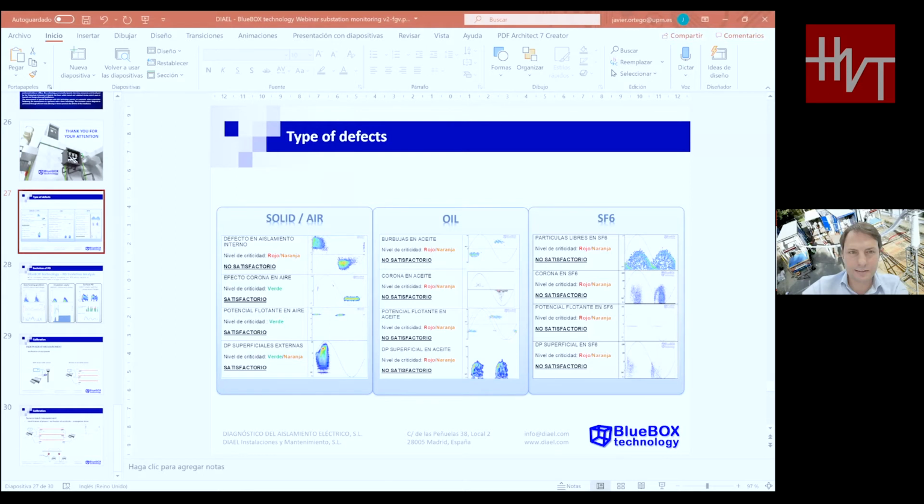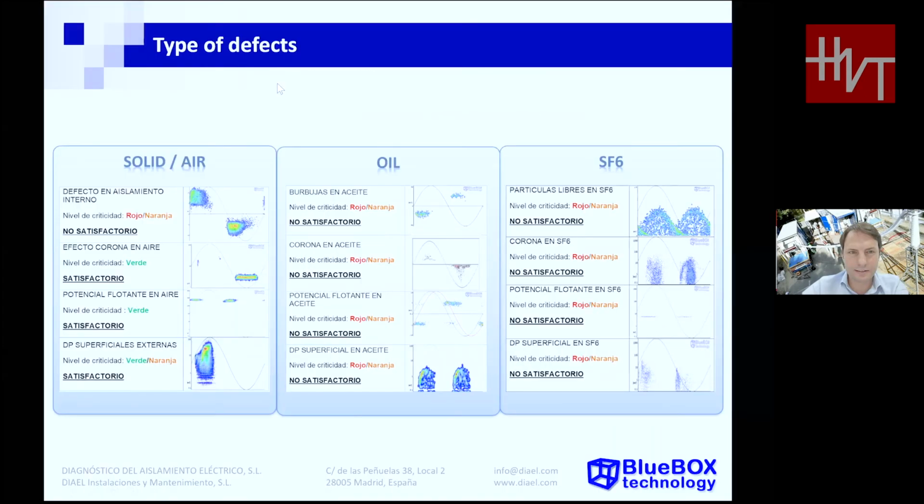To show you the answers for these questions, this is a table. Sorry, because part of the test is in Spanish. Okay, can you see the screen? Yep. It is to have the severity of the different PD. The first step is to identify which type of PD it is.